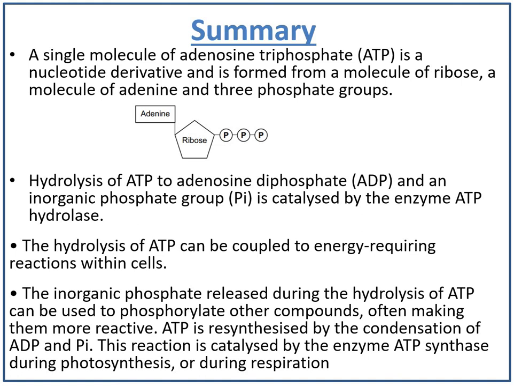The hydrolysis of ATP can be coupled to energy-requiring reactions within cells. The inorganic phosphate released during the hydrolysis of ATP can be used to phosphorylate other compounds, often making them more reactive. ATP is resynthesized by the condensation of ADP plus Pi. The reaction is catalyzed by the enzyme ATP synthase during photosynthesis or during respiration.